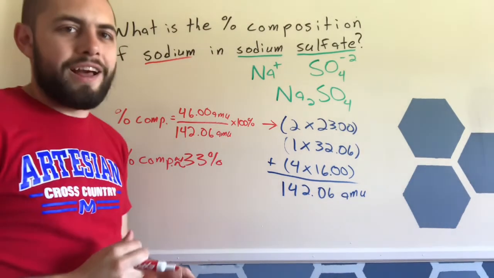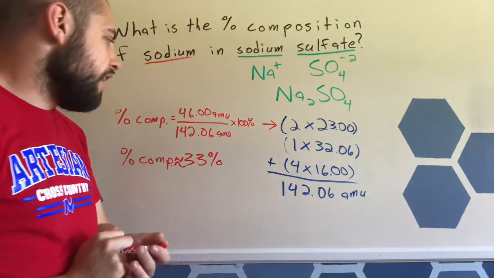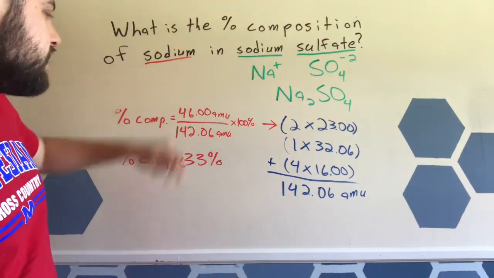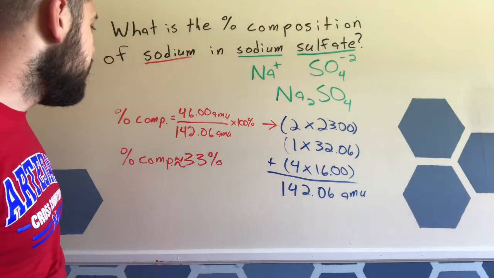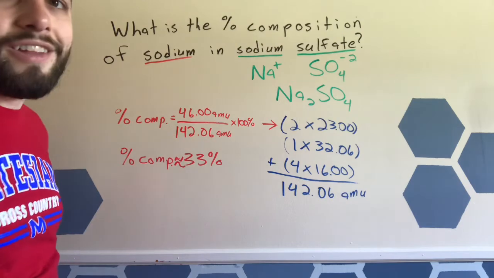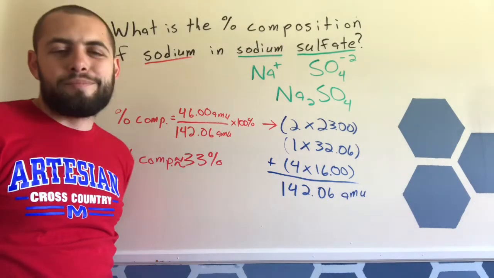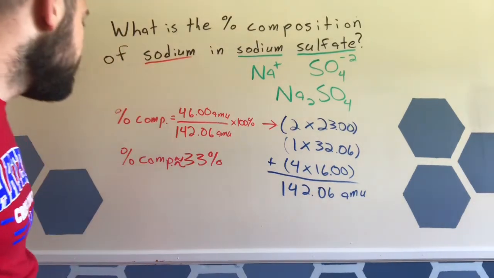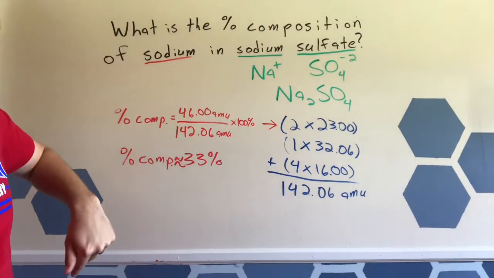I didn't do this in my calculator or in my phone, and I didn't do it in advance, I forgot. But this looks like it's going to be just about 1/3. So just about 33%. You have to actually get your calculator to get the exact percent composition. I dropped the ball a little bit there, I forgot to do that one. But this is how we would find it.